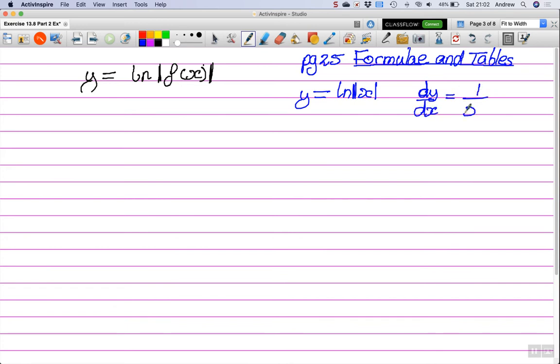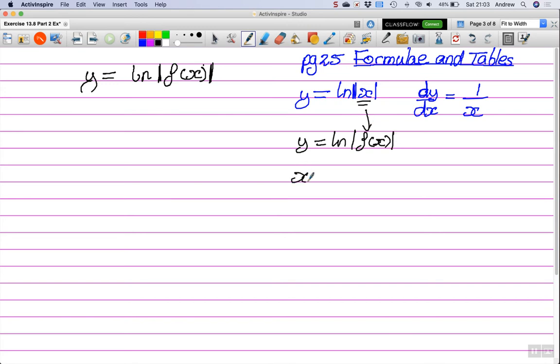over x. Simple as. So when we compare it to what we have, because what we have is y is equal to ln modulus f of x, which means the x here is now equal to the f of x in there.